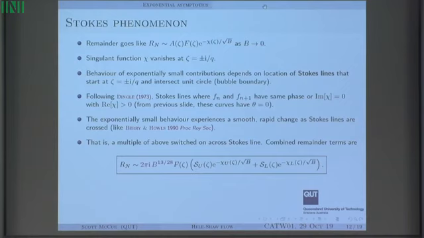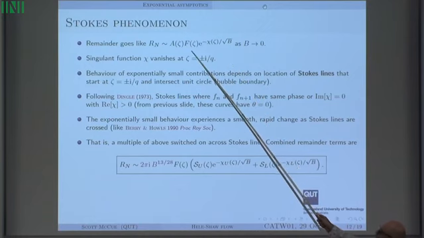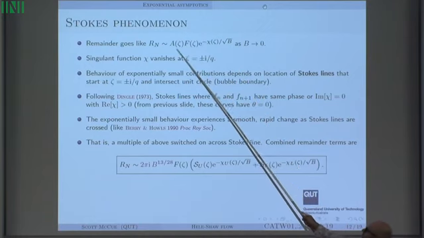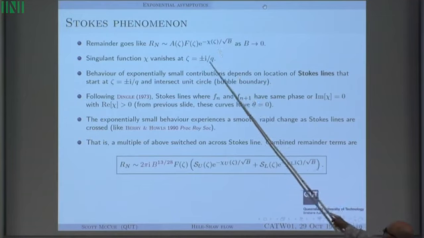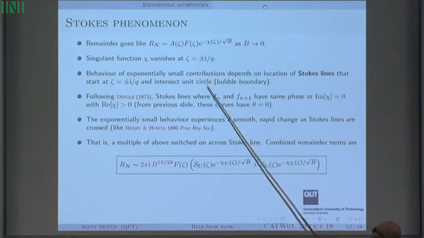So let me try to summarize that again. When you truncate optimally, the remainder looks like e to the minus chi on root b. And there's some function that we know out the front, and there's some Stokes multiplier that I just discussed in some detail. This chi vanishes at the singularities. I'd mentioned that before.